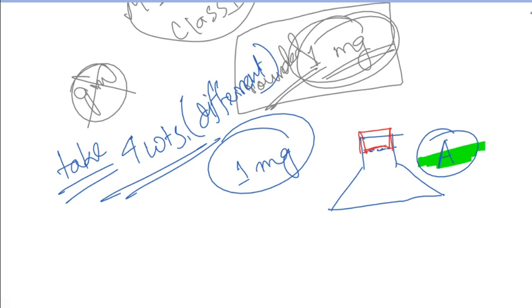We fill the picnometer with freshly distilled, boiled, deionized water at the test temperature. If we are using 25 degrees centigrade, then we use 25 degrees centigrade water.